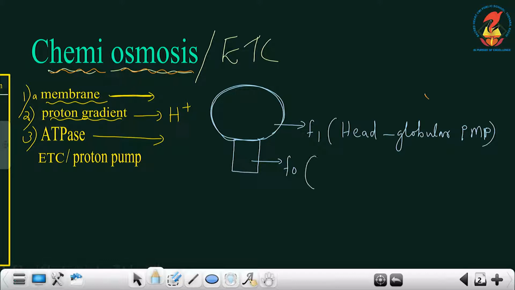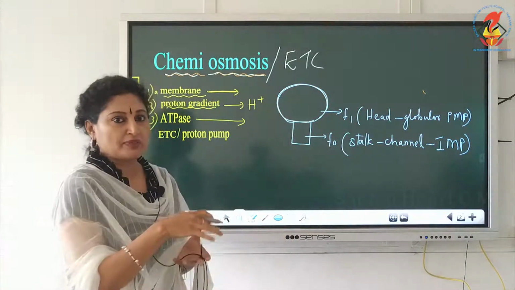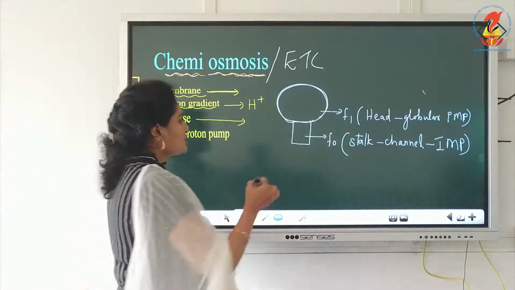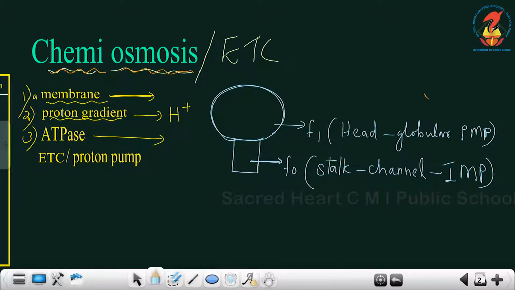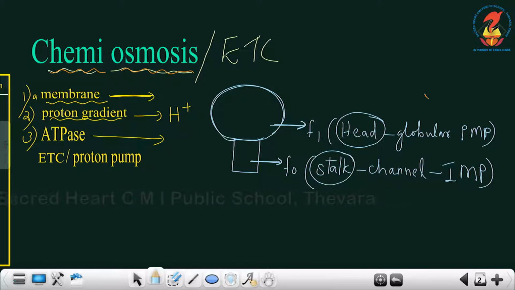Whereas F0, it is like a stalk or like a channel. It is an integral membrane protein. We know in the plasma membrane there are two types of protein, some peripheral and some integral. So this F0 is an integral protein and F1 is a peripheral protein. This F1 is also called head and F0 is also called stalk.